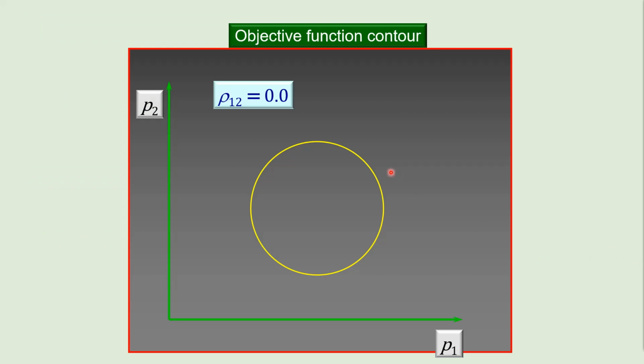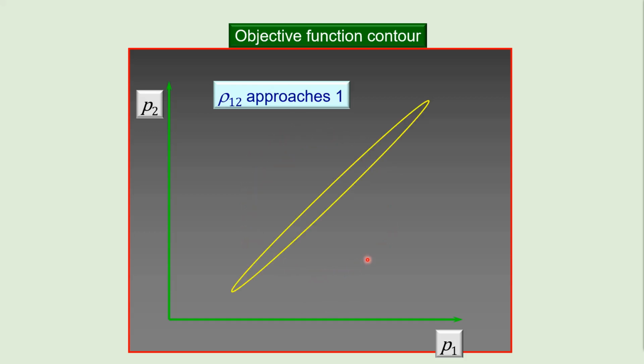Ideally, we'd like this situation. Here are our objective function contours again. No correlation here. But if we've got a situation like this, where the two parameters have a correlation coefficient that approaches 1, this tells us that we have long, narrow objective function contours.